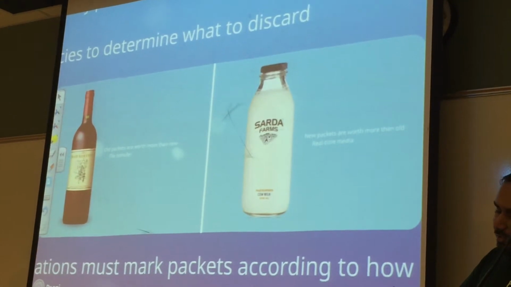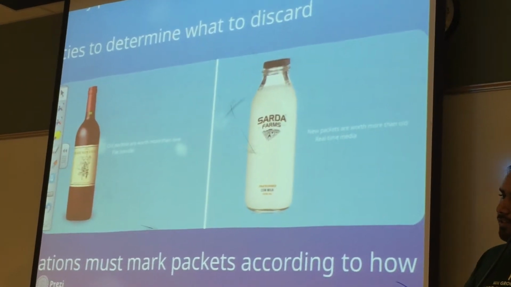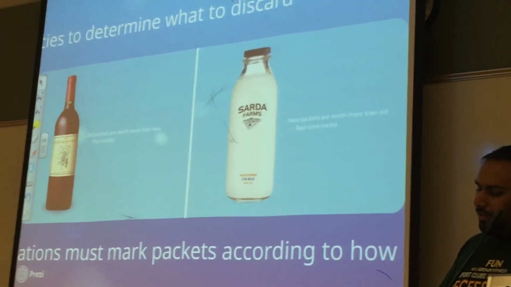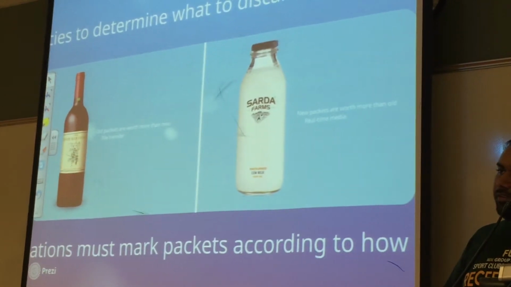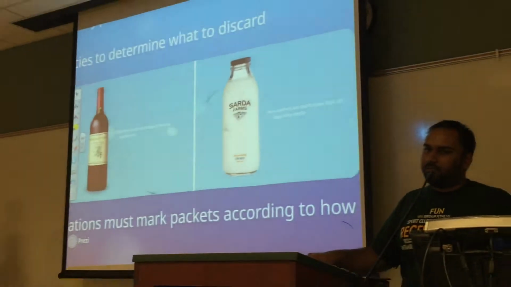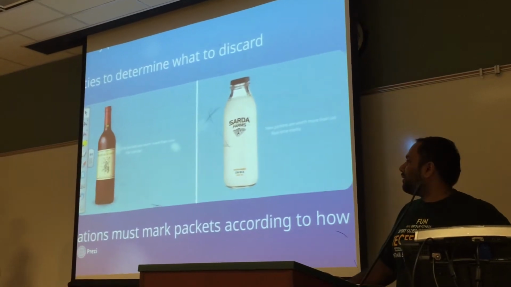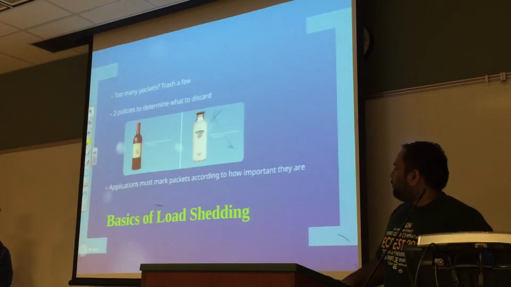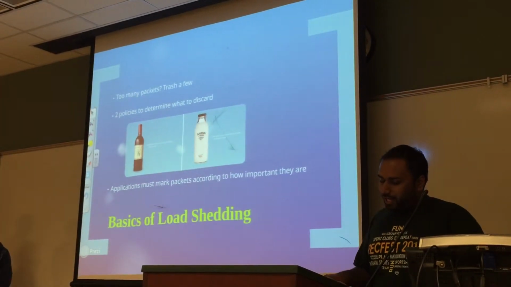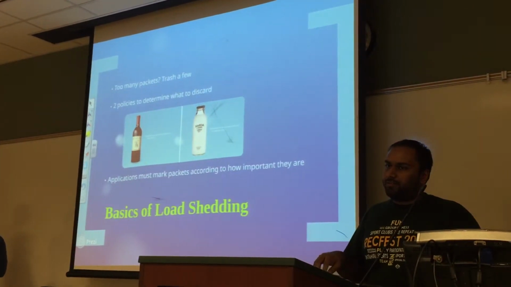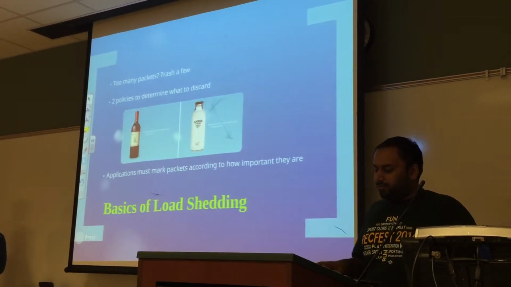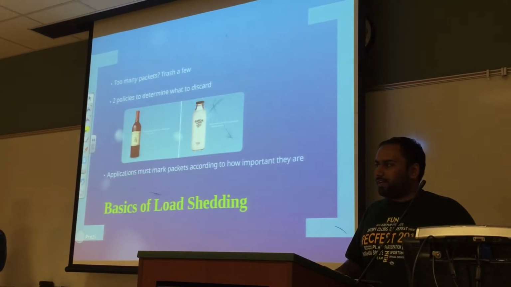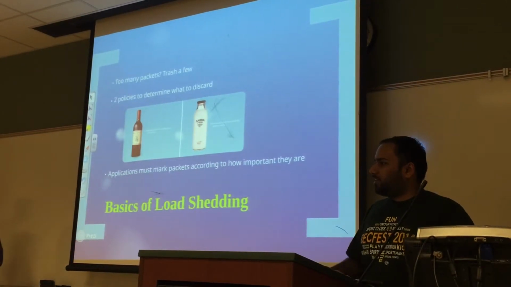And in milk, newer packets are worth more. So like real-time media, where you want the newest packet to be pushed to the front, we don't really care about the old packets. In both of these, the application marks packets as either wine or milk, and the routers can drop the ones that don't fall into that category.